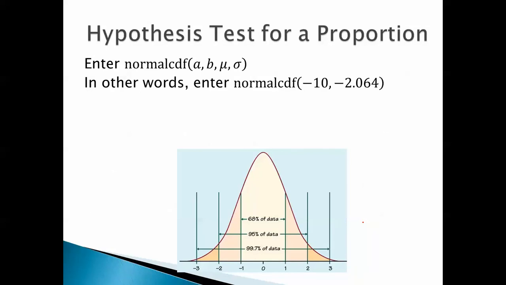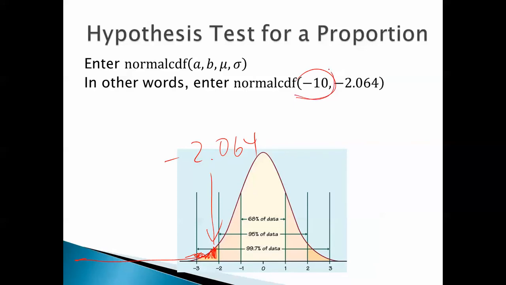So we want to enter normalcdf(-10, -2.064). And here's why. We want to know what's to the left of negative 2.064. Well, the left endpoint is really negative infinity, but there's no negative infinity button on your calculator. So it's good enough to enter something that's ridiculously small, like negative 10. I mean, that's way out here.